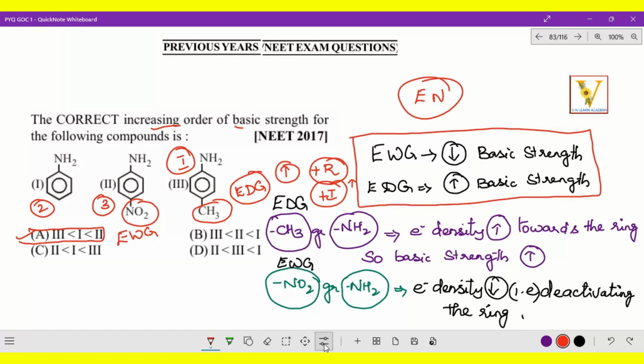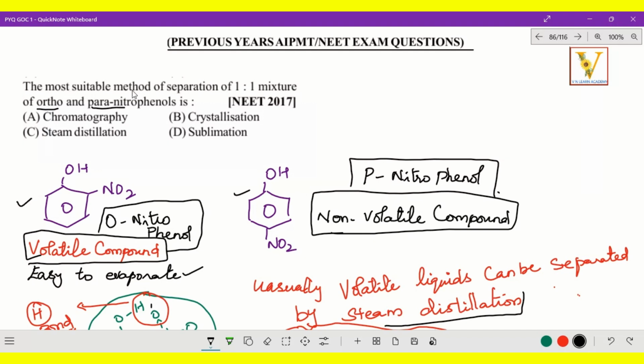Come on, let's go to the next question. The most suitable method of separation of a mixture of ortho and para-nitrophenol. They have given the options chromatography, crystallization, steam distillation, and sublimation. See, this is orthonitrophenol and this is para-nitrophenol.